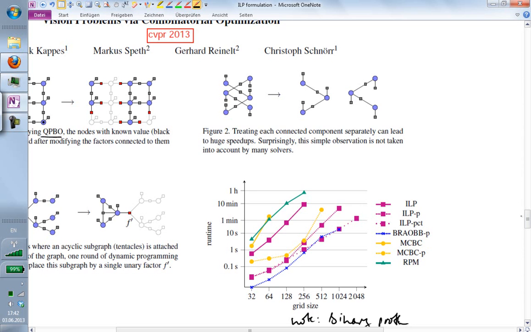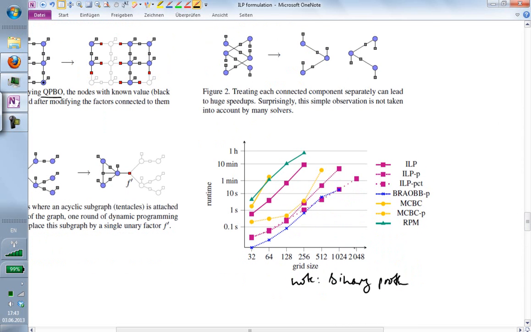And here you see a couple of runtimes. Here we have now images which are 32 by 32 up to 2K by 2K. So this is quite realistic for a decently resolved image. And then you see that the normal ILP solver, even with today's computers, hits the 10-minute barrier at sizes like this.